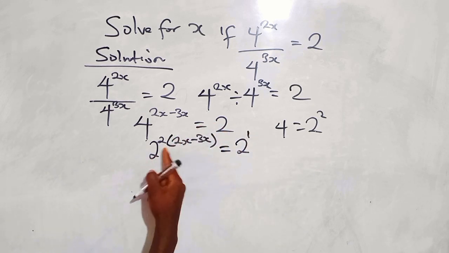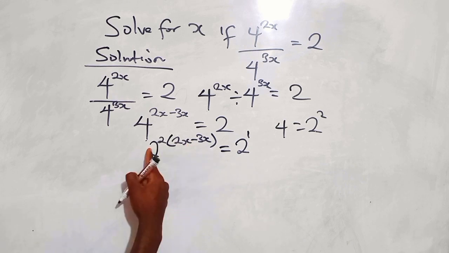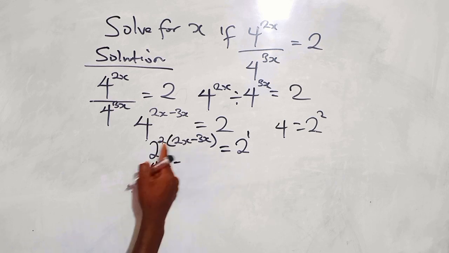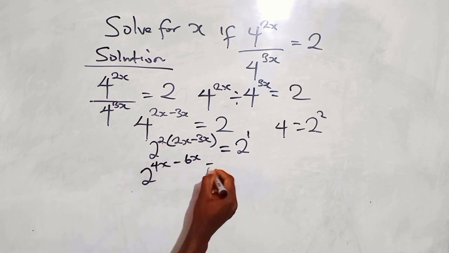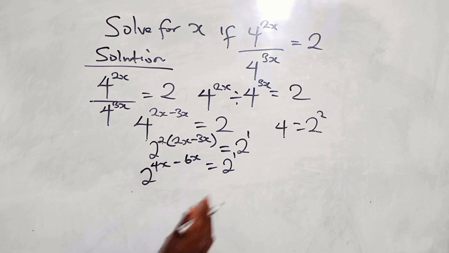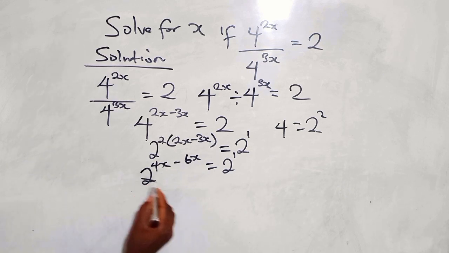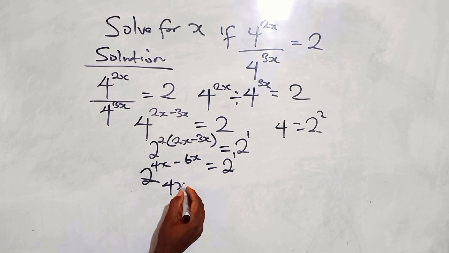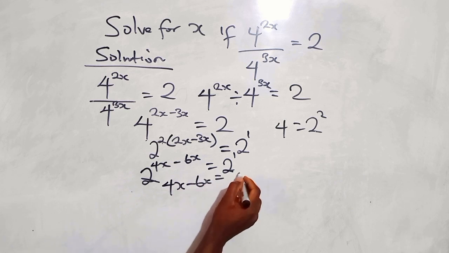Here I use the exponent law to open this. So I have 2 raised to the power 2 times 2x, that is 4x, minus 2 times 3x, that is 6x, equals 2 raised to the power 1. So I can take the powers: 4x minus 6x equals 1.